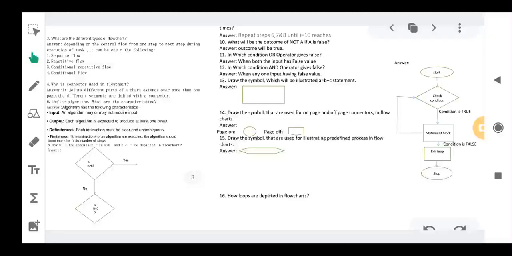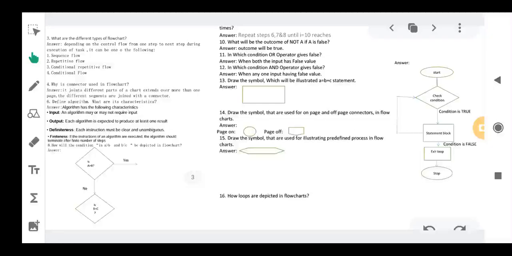Variables, input and processing must be clearly defined. There is no confusion about doing this one first or that one.